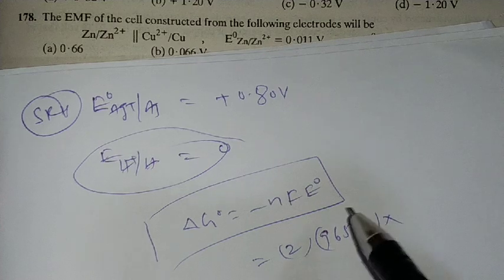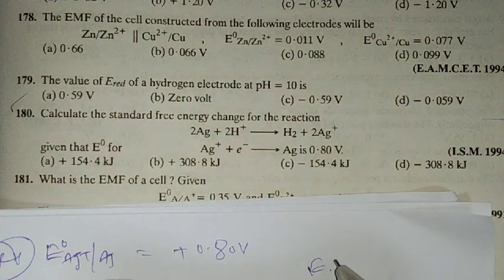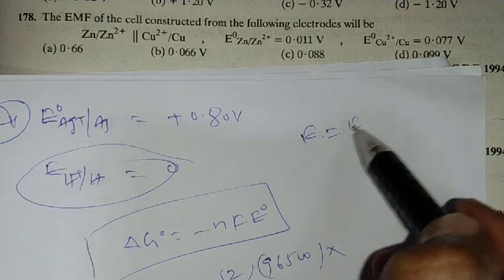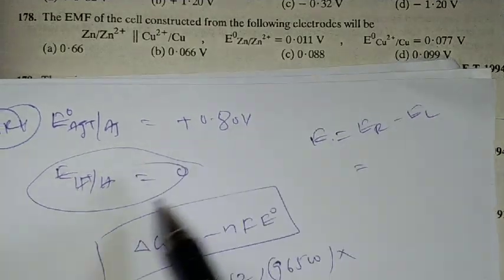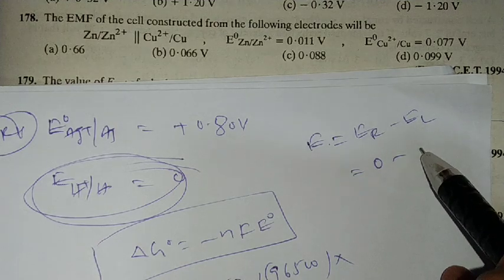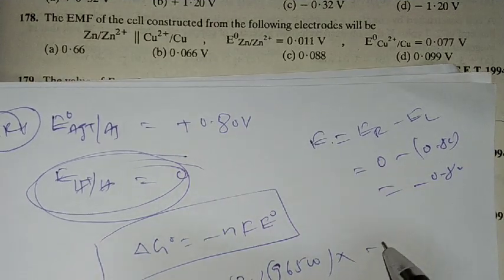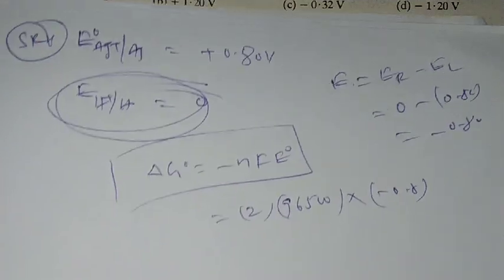96,500 coulombs into E naught. What we can write, E naught of the cell is equal to E right minus E left. Here right is what? Hydrogen. That means 0 minus 0.80. So then we get minus 0.80. That means minus 0.8 multiply here. Is it okay?